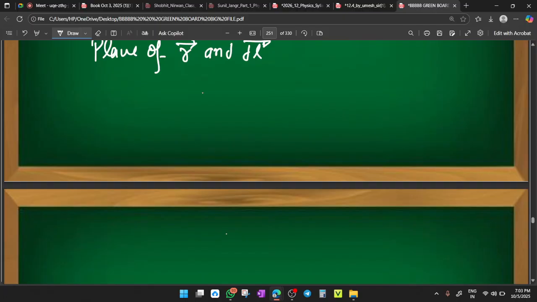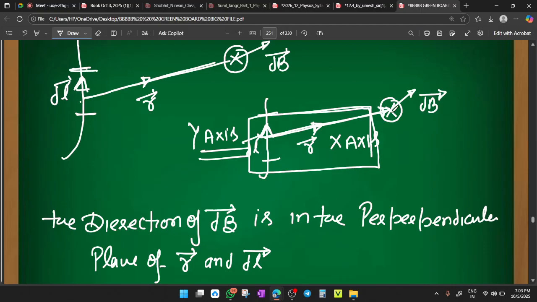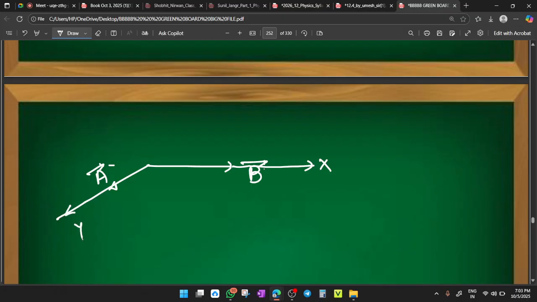So you can write the direction of dB vector like this. When any vector is pointing in the direction perpendicular to the plane of two given vectors, then the direction of that vector, which is perpendicular to both, is given by the cross product. Like see here, if this is vector A and this is vector B, lying on the xy plane, this is toward the x-axis and this vector is towards the y-axis.